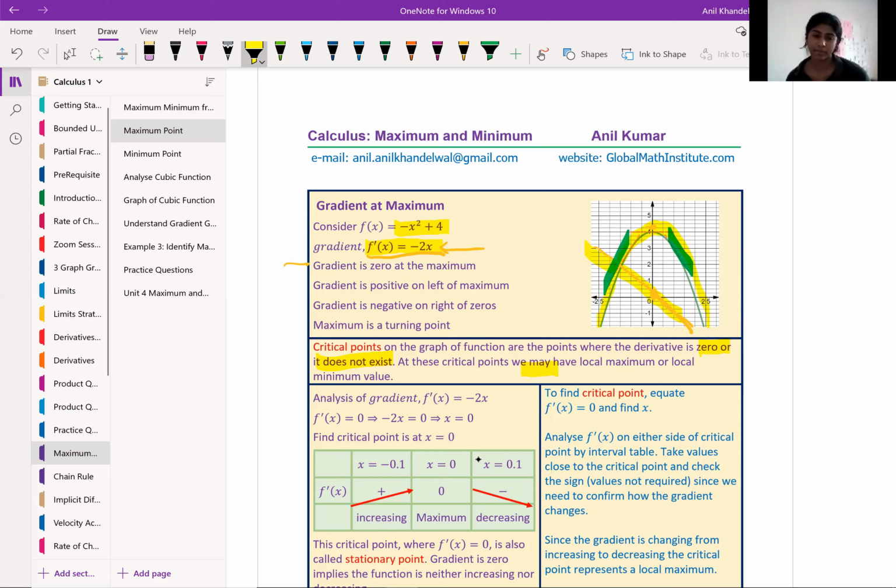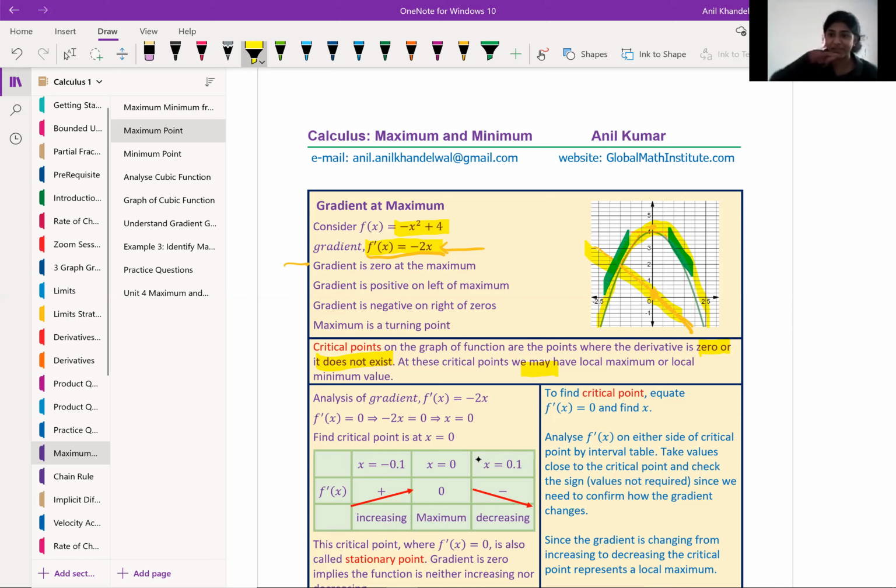So the only difference between that point and the maximum or minimum point is, we'll learn later, that the concavity changes. Second, we see that the gradient actually doesn't change from positive to negative. In a cubic function, you will see, I've taken up an example, that it is going up and then again up. It doesn't go down. Do you see that?